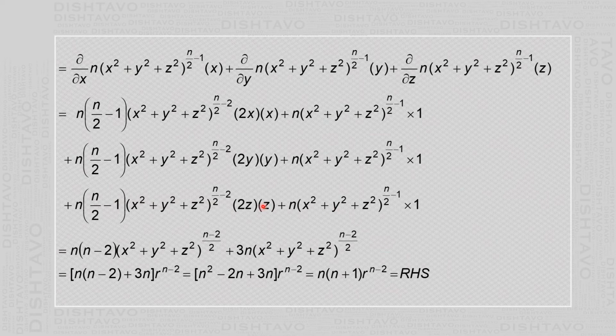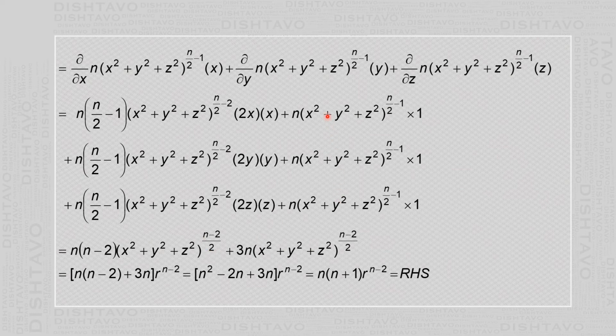Now, in the first part of these three terms, n into n minus 2, because the 2 and this 2 cancel, so n minus 2 comes out as a common factor, and what remains inside is x square plus y square plus z square raised to n by 2 minus 2, which is written as n minus 2 by 2.